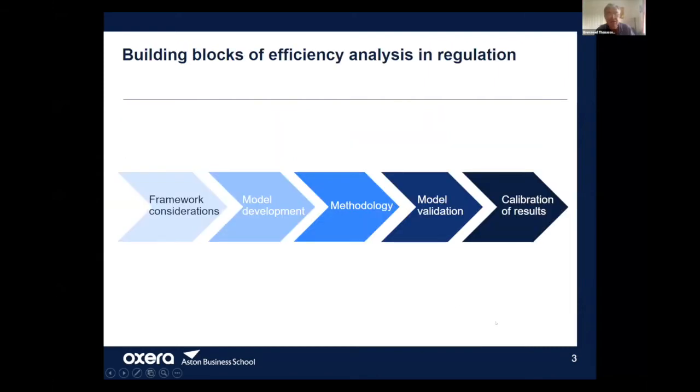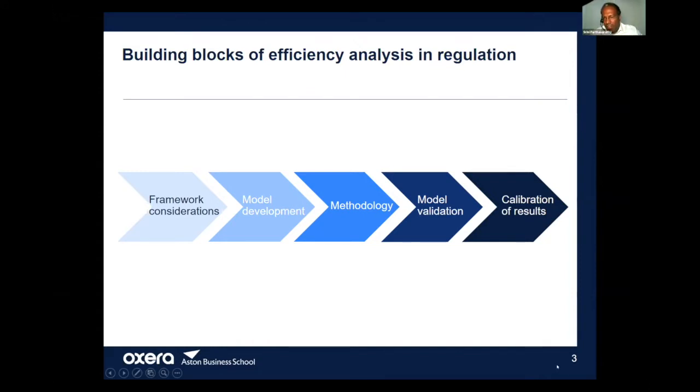Thanks, Ali, for the nice introduction to DEA, and good afternoon, everyone. I'm Srini Parthasarathi. I'm a partner at Auxira and head of its efficiency practice. Auxira is an economic consultancy firm based in 8 European countries. This presentation is in 2 parts.